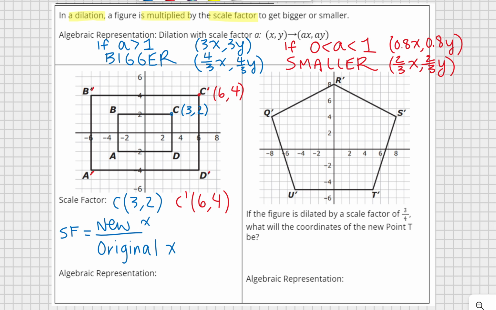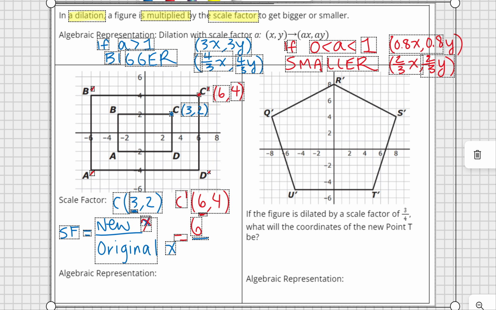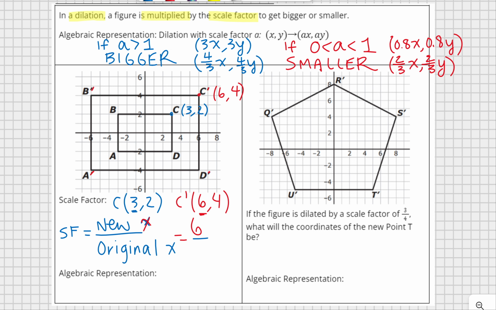My new x value, that's the x value of C prime, so that's 6. My original x value, that's 3. Six over 3, I'll see if I can simplify that.